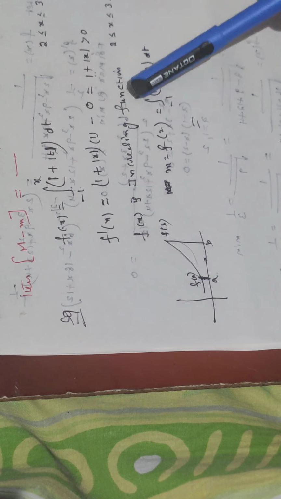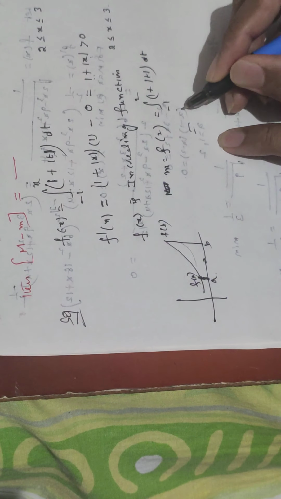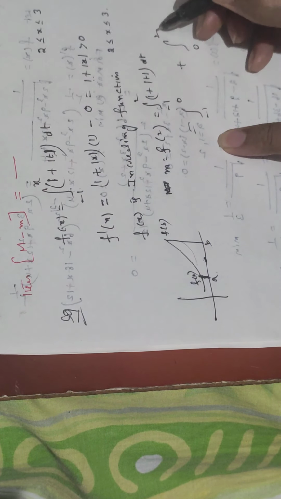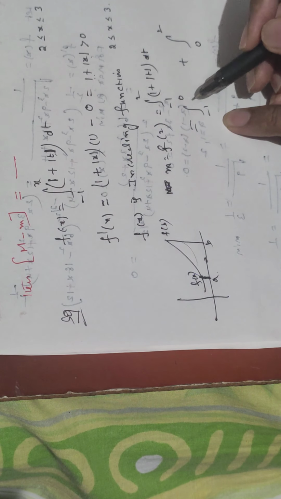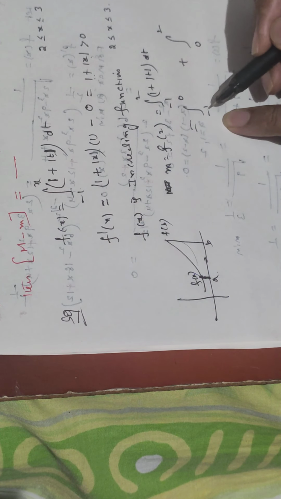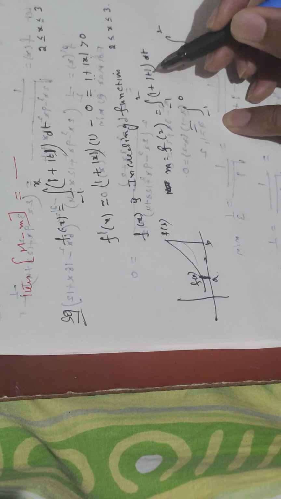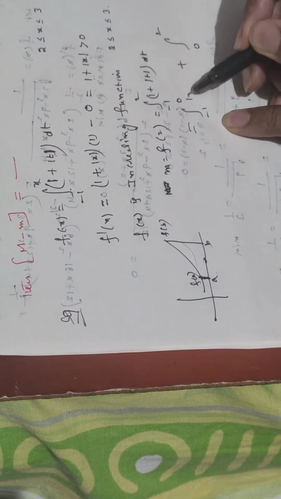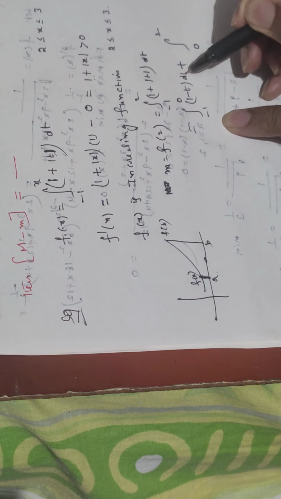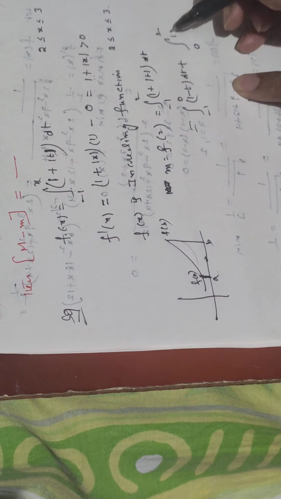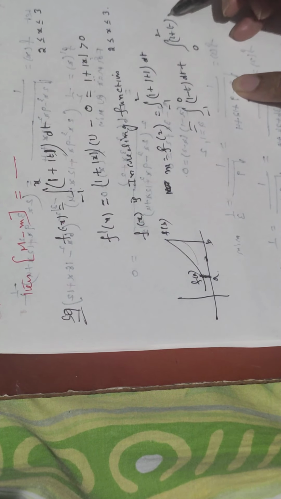So you can break the interval at 0: minus 1 to 0 plus 0 to 2. In minus 1 to 0, t values lie between minus 1 and 0, so mod t from the definition becomes minus t. So it will be 1 minus t dt. In 0 to 2, t is positive, so mod t becomes t, 1 plus t dt.